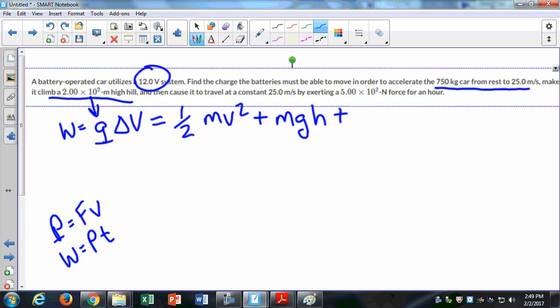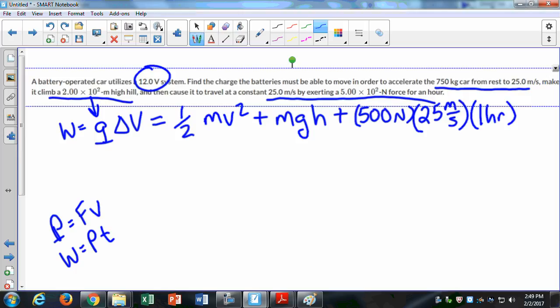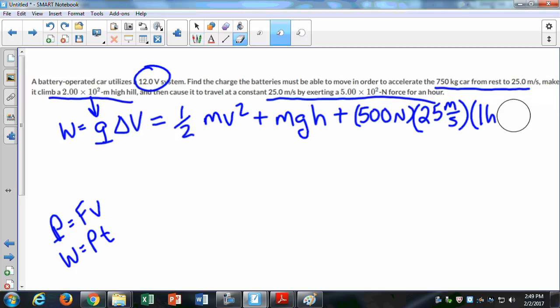So the work required to make it do this is going to be the power, which is F times V, that's 500 newtons, times the speed, which is 25 meters per second, times the time, which is for an hour. Oh, actually, that should be 3,600 seconds because to have it in SI units.